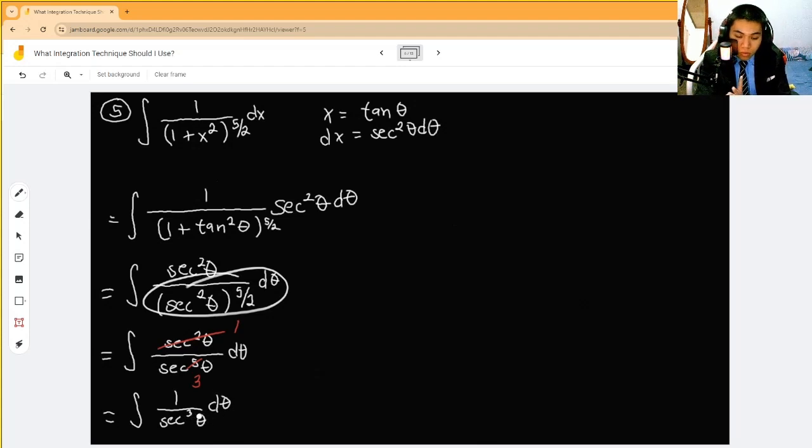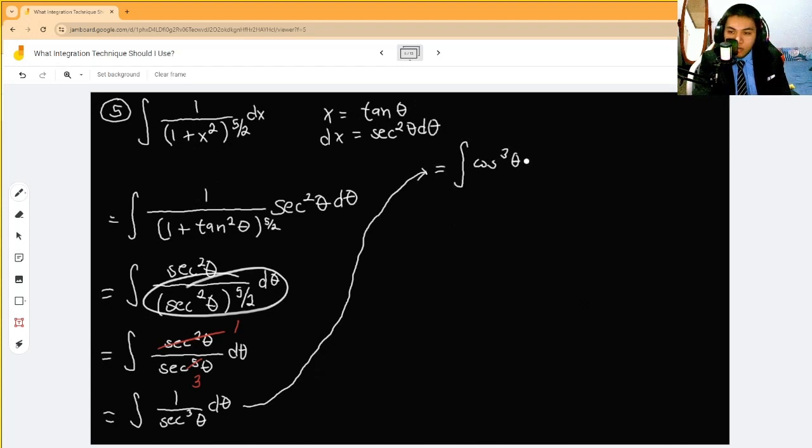And we know that it is the same as the integral of cosine cube theta d theta.